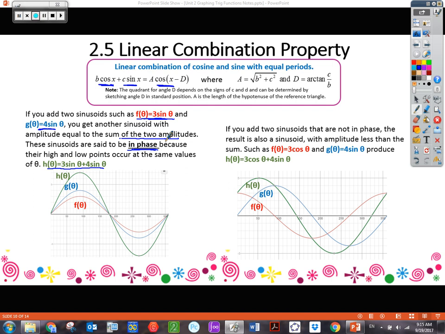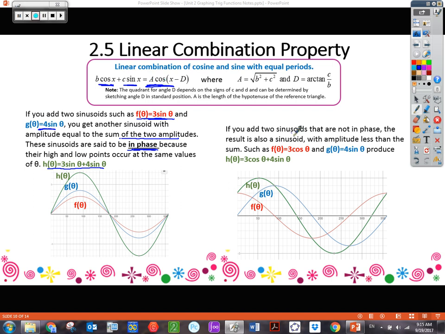So if they are in phase, it's simply adding the amplitudes together, and that gives us the sum graph. What we're actually going to be working on are sine and cosine. We're going to be adding sine and cosine and converting them to this form.